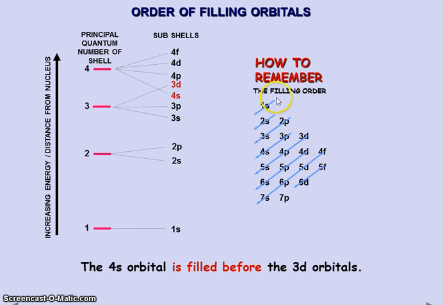We draw parallel arrows saying we fill the 1s subshell first, then the 2s subshell, then the 2p subshell, followed by the 3s, the 3p subshell, the 4s, the 3d, followed by the 4p, the 5s, and that is as much as we need to know for A level. Beyond that, it would be the 4d, the 5p, the 6s, and then the f block elements become involved.